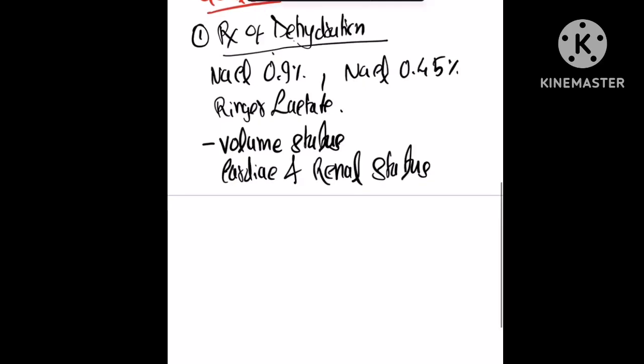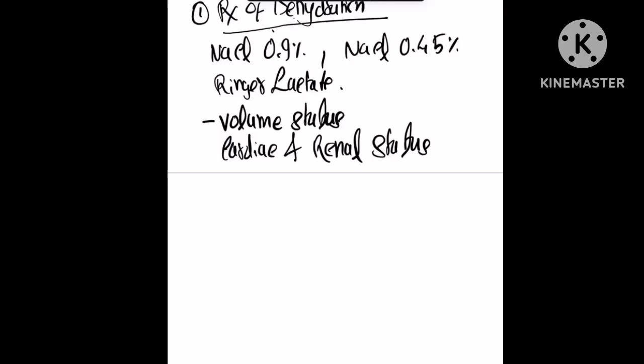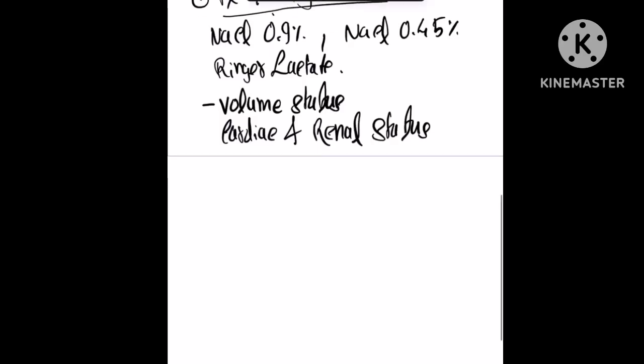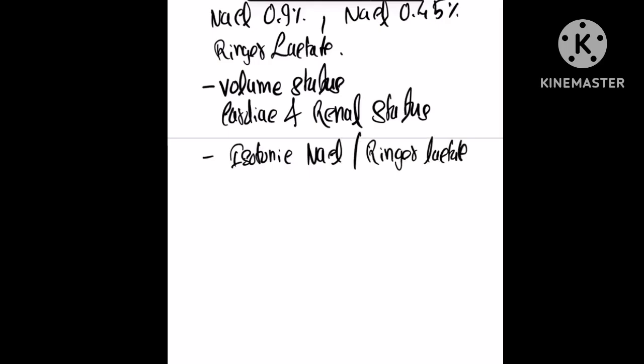We cannot follow the protocol we would follow in a normal person. So how do we do that? We can start with isotonic sodium chloride, or we can start with Ringer lactate.